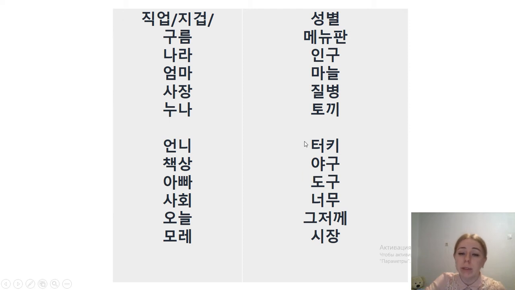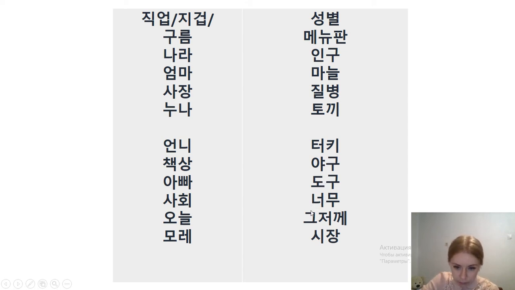You see that there is a different meaning and different pronunciation of these words because we have 도, 터, 끼, 키, and the words are also different. 토끼 and 터키, 터키. So here it's the same. 보 and 너, 너무, 너무, and 도구, 도구.